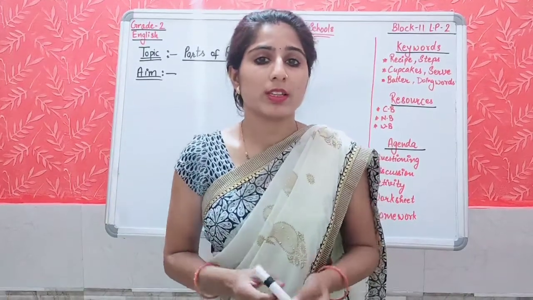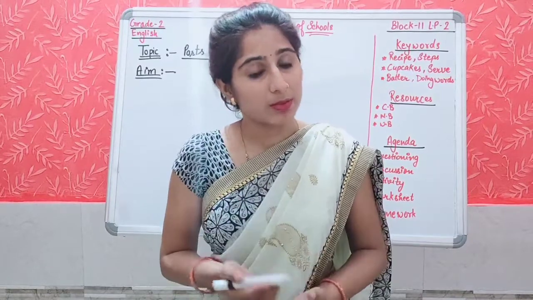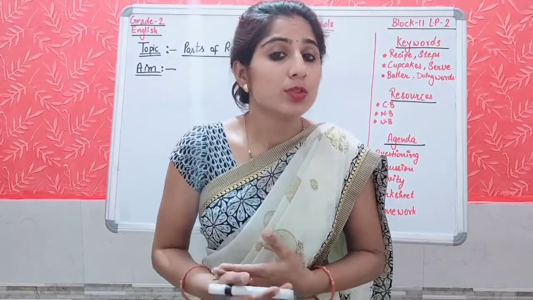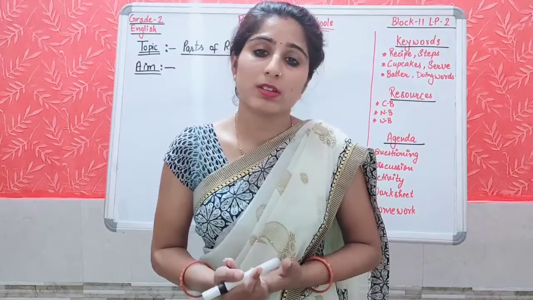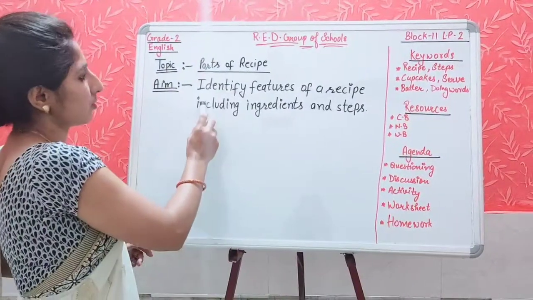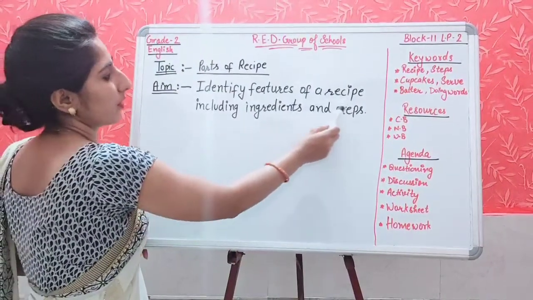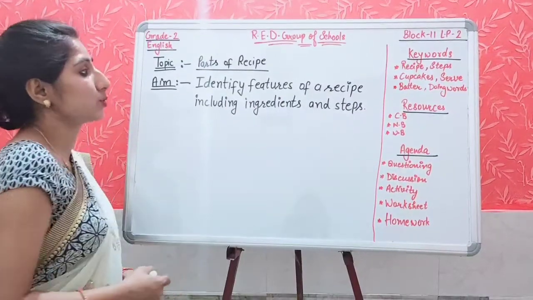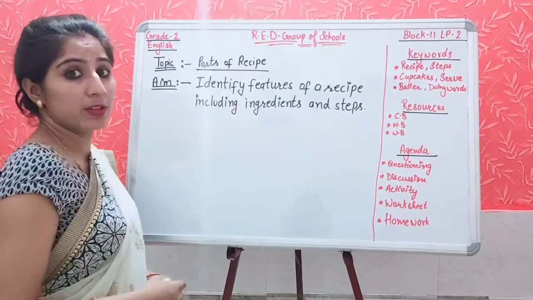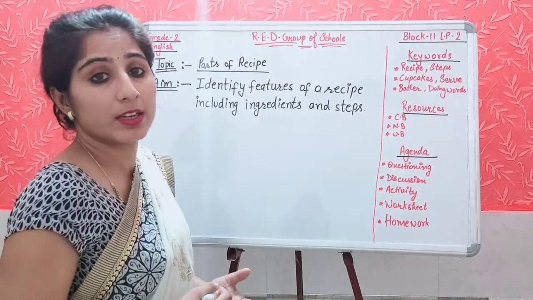So students, what is our aim today? Our aim today is to prepare a recipe and find out the ingredients for a recipe. Identify features of a recipe, including ingredients and steps. Identifying the features of a recipe means finding out how to prepare a recipe.